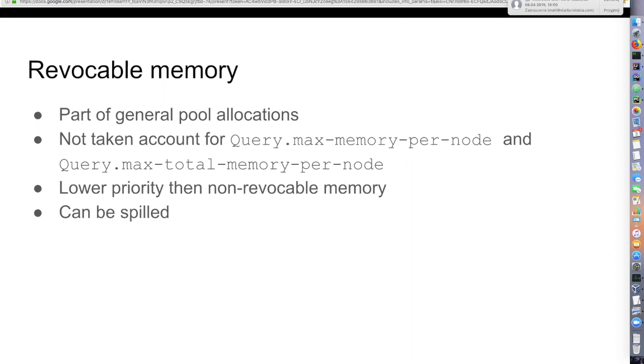So when you have a spillable query and there is no concurrency, it can take up to the entire general pool. But of course, when another query comes in and wants to allocate some memory, such revocable memory has lower priority and will be spilled by operators that support that.